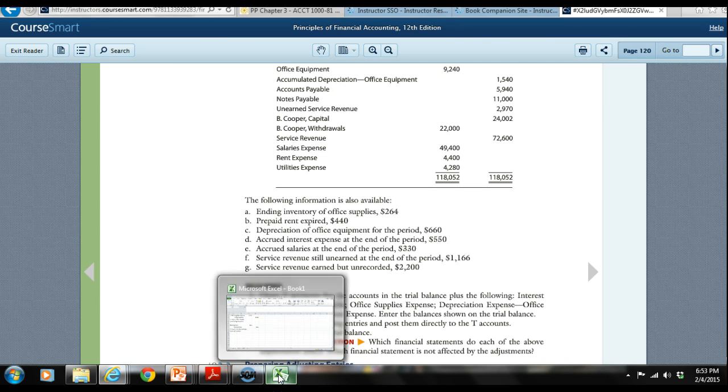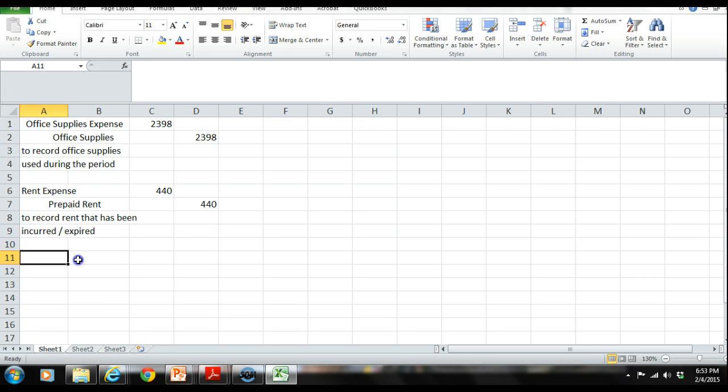So let's look at that. What are we going to do here? We're going to want to show a depreciation expense, because that's an expense account and it's always a debit balance of $660.